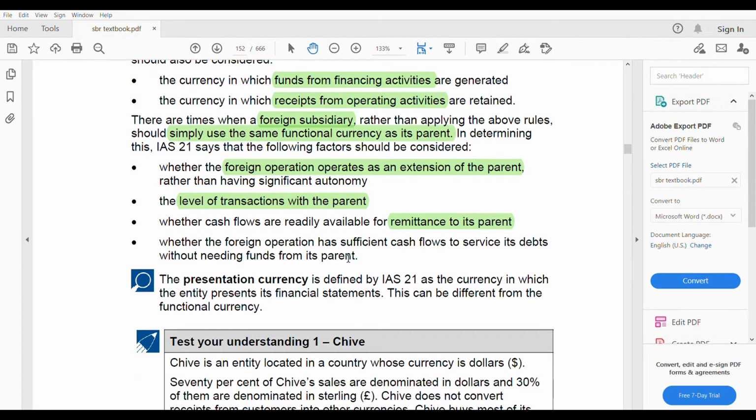If they had the autonomy, if the level of transactions was very low with the parent, if they don't remit it to the parent, then you can say it is the subsidiary. They are independent of the parent, therefore they have the right to choose their functional currency. So the fees your parents are giving for your school fees, you cannot say this is my fees. It's your parents' fees only, right? Even though you are the one actually going and giving it physically, the cash or the credit, it's not yours.